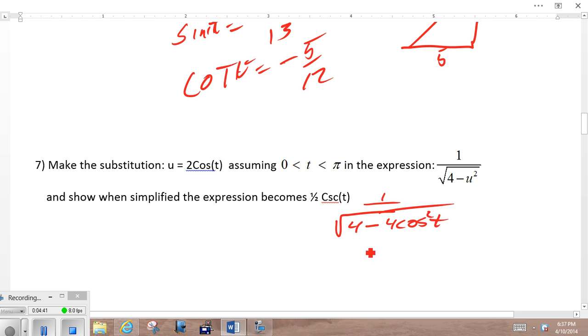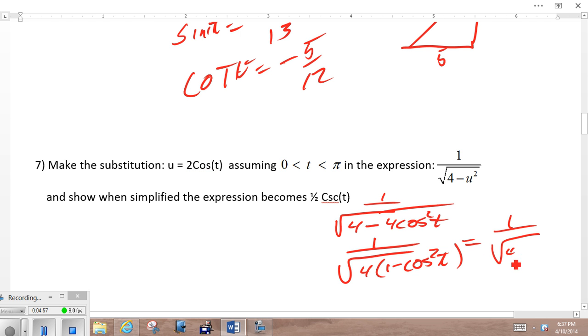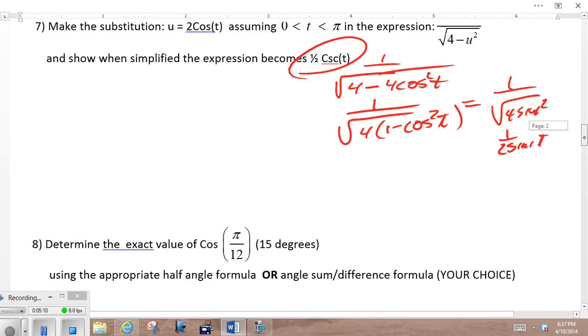So we pull out the 4, and then we got the square root of 4, and then we got 1 minus the cosine squared of t, which will become 1 over the square root of 4 sine squared, which of course is 1 over 2 sine of t, which of course is 1/2 the cosecant. Okay.